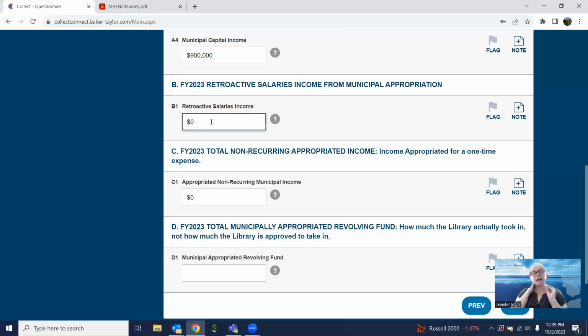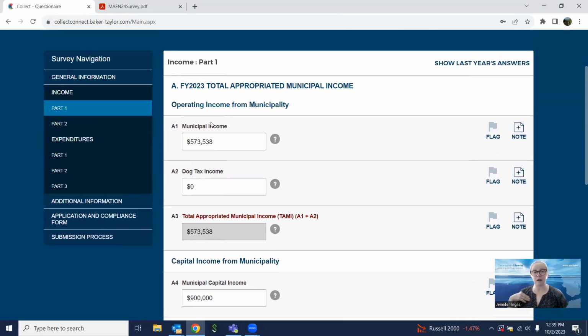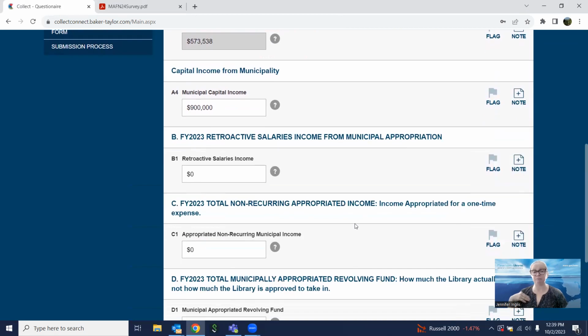If you got FY23 retroactive salaries, so you're filling this out in September and the fiscal year started in July, if you got FY23 salaries money after July 1st, you would just put that in salaries and up in municipal income here.